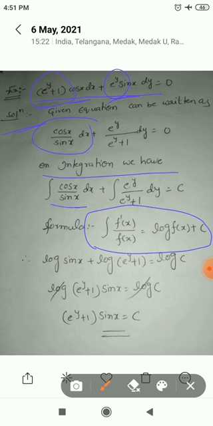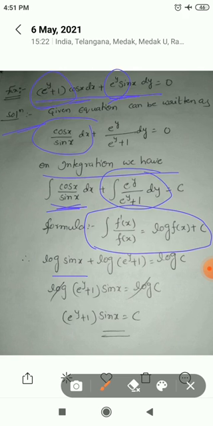Here the denominator term is sin x, and the differentiation of sin x is cos x, so we can apply this formula. So f dash x by f of x gives log of f of x, and f of x means sin x. So we can write log sin x, plus the same process for the next term.